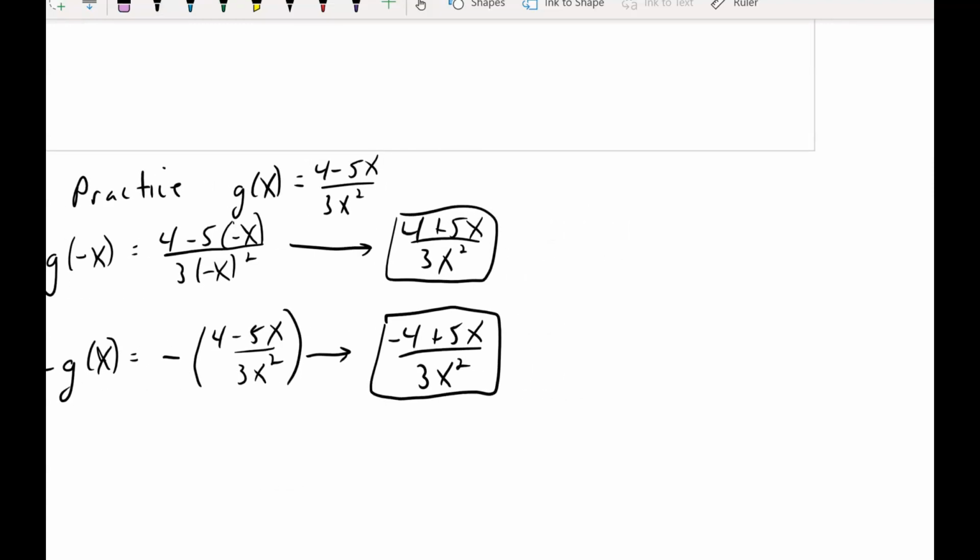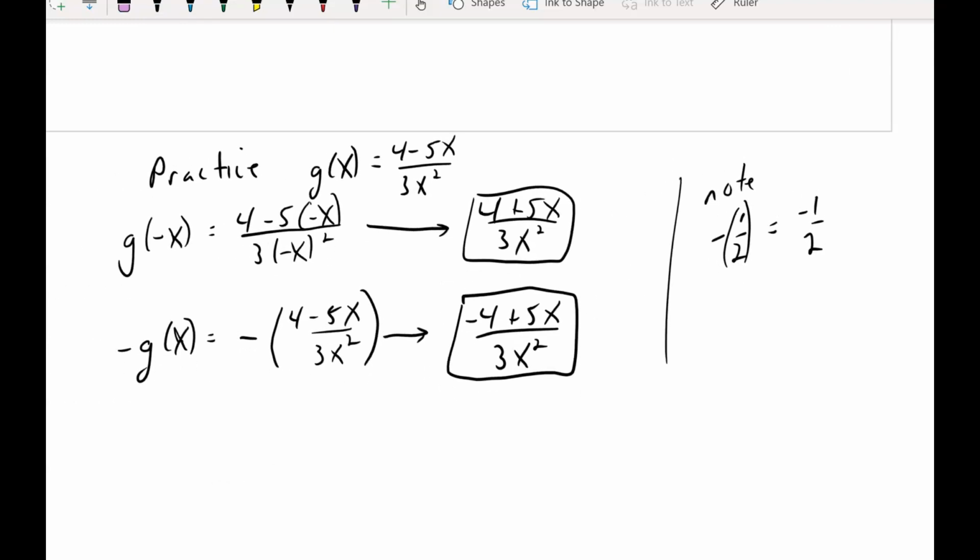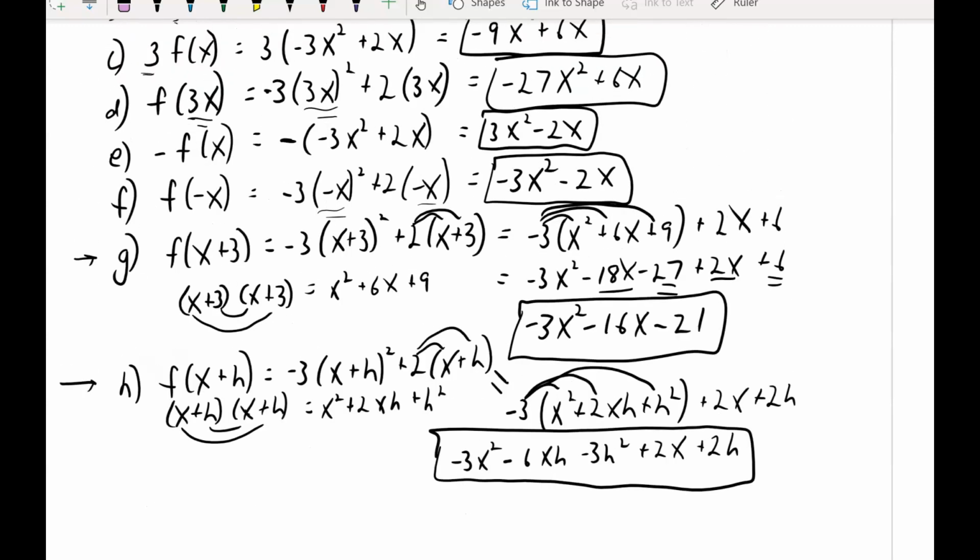Note that the opposite of 1/2, you could say the opposite of 1 over positive 2, but you don't put a negative sign in both numerator and denominator, or you're actually going to make it a positive. So you would only put the negative sign in the numerator or denominator, and usually we do the numerator unless we already have a negative sign in the denominator, then that would be the one to usually change. Hopefully that makes sense.